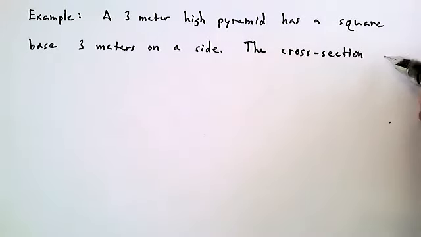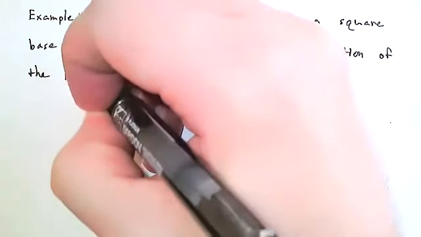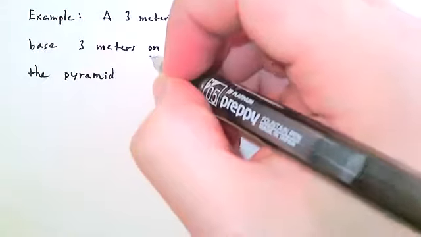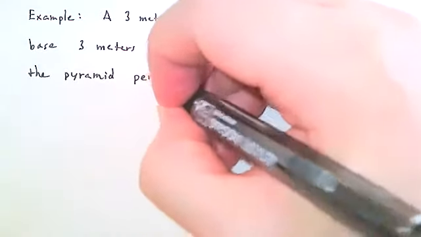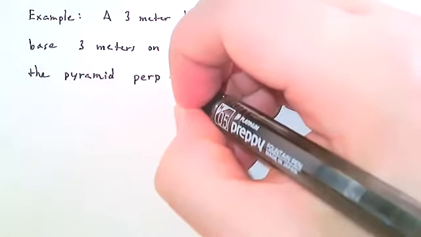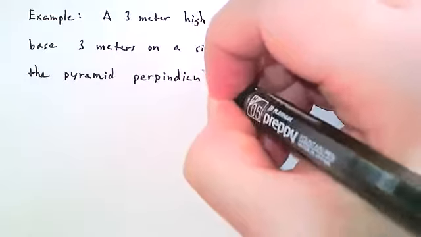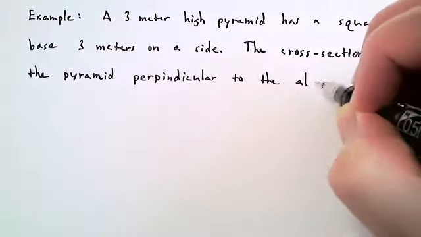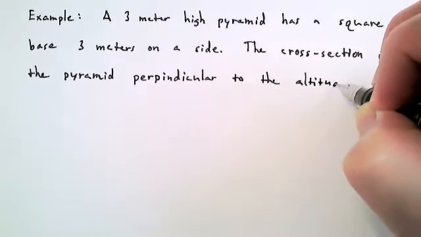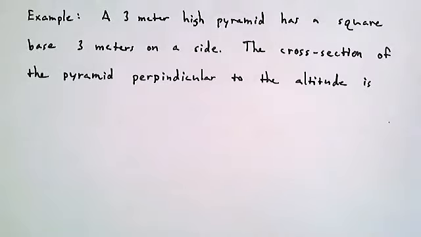But the cross section of the pyramid perpendicular to the altitude, and I'm going to draw a picture in a second to illustrate, is actually a square.